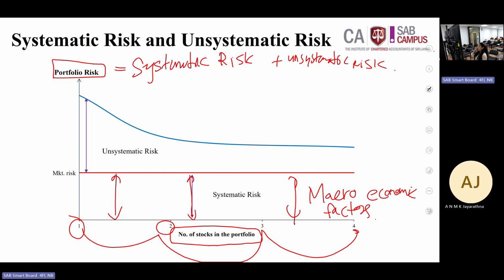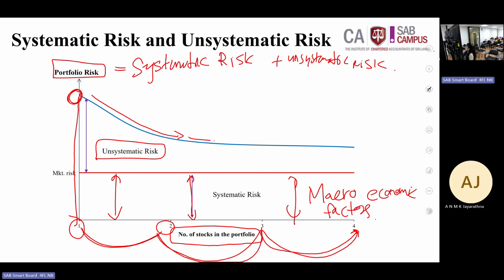Whereas you can identify here the unsystematic risk. If you have one stock in your portfolio, you have a high unsystematic risk. But if you are moving towards diversification by including several stocks in your portfolio, your unsystematic risk definitely goes down further, but it never reaches zero. That is why even portfolios have some risk because of these two risk factors.